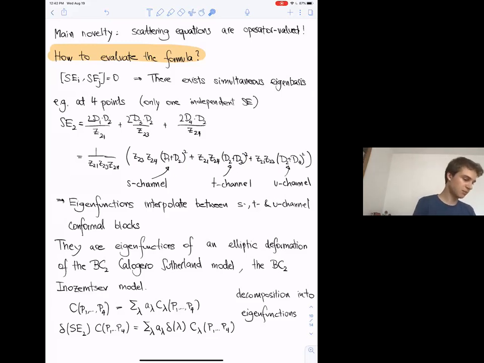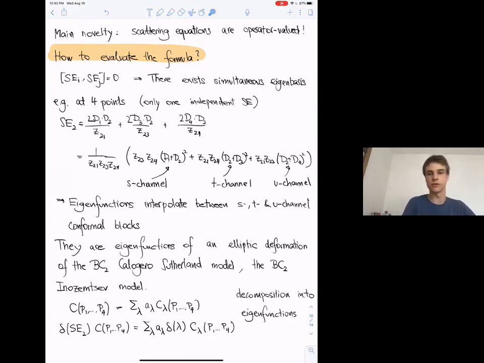So in particular, that means that the eigenfunctions of these scattering equations are objects that interpolate between the S, T, and U channel conformal blocks. So that's why we called them in our paper generalized conformal blocks. While we do not know them explicitly, we can find a nice relation of these to an integrable model.